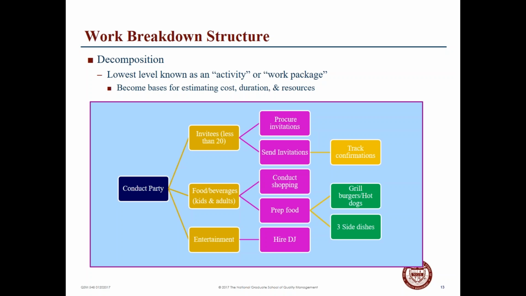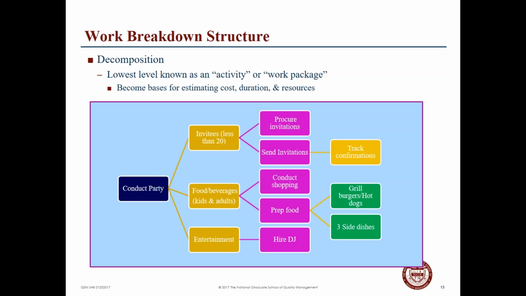So for example, we're going to have a party. We decide we're going to invite less than 20 people. We need to have food and beverages for both kids and adults, and what's our entertainment going to be? For the invitation process, we need to obtain invitations and send them out.